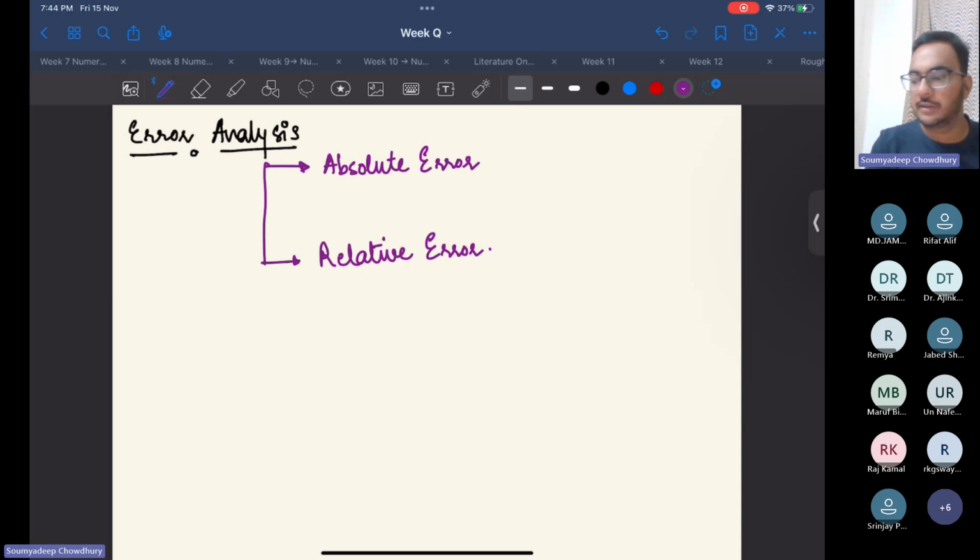So what is the difference between absolute error and relative error? Suppose you have used a numerical technique and found the solution of your problem to be P star.